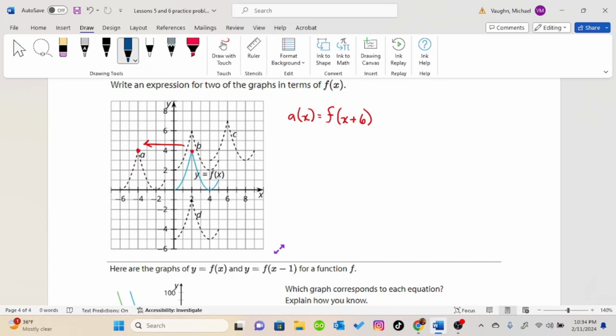Next, I'm going to look down at graph D. To go from the peak of f of x down to the peak of d of x, I can see that I'm shifting down, and I'm going down 5.